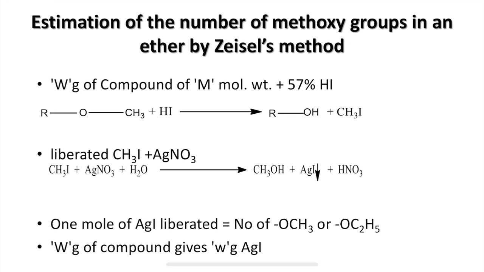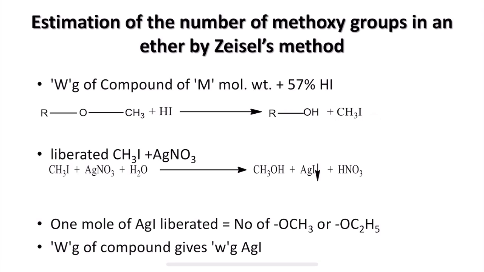A known mass, say W grams, of the compound of molecular weight m is treated with 57% hydroiodic acid, when methoxy or ethoxy groups change into the corresponding iodides. So this is the reaction. Here, when hydrogen iodide is treated with this ether, a methyl iodide is formed.